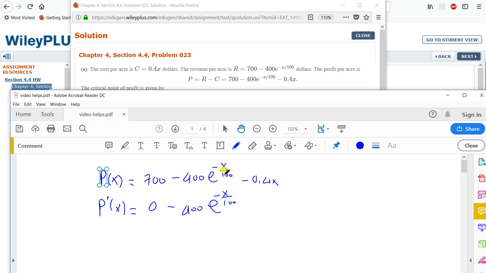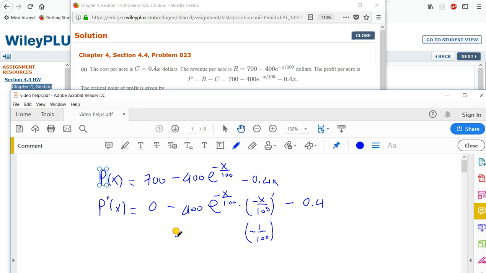However, this is not a single x, this is something else, so you have to apply the chain rule by taking the first derivative of that exponent here, and then take the prime of minus 0.4x, the first derivative, that becomes 0.4. Now if you take the prime of this one, this is x to the first power, so it just becomes minus 1 over 100. You just take the coefficient here.